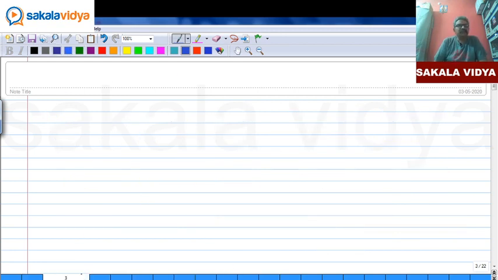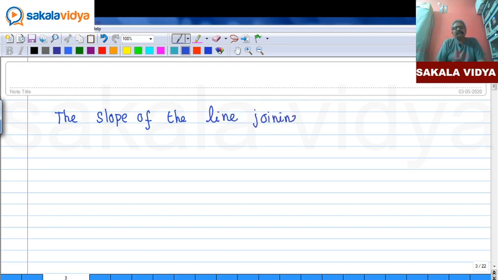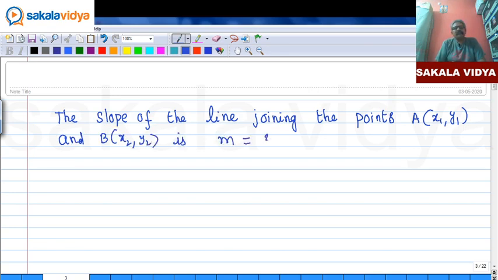Next, the slope of the line joining the points A (x1, y1) and B (x2, y2) is m equal to y2 minus y1 by x2 minus x1, where x1 does not equal x2.